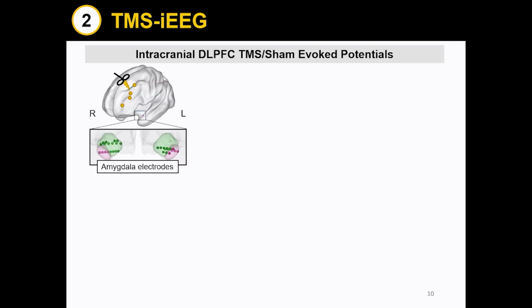With the second method, concurrent TMS-iEEG, we delivered both active TMS and sham TMS to the DLPFC. We also tracked the evoked potentials with the electrodes in the amygdala.